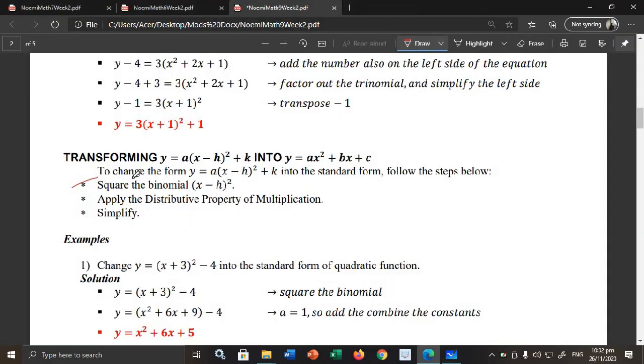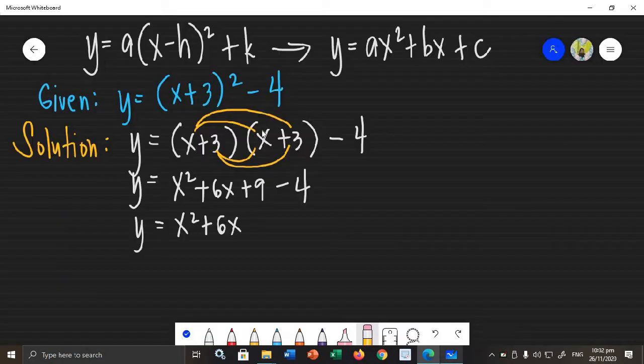what is the next step pala? Apply the distributive property of multiplication, or you can use FOIL method. This is what it talks about here, no? And then we need to simplify. So here, ayan, ginamit niyo yung FOIL method or distributive property of multiplication to simplify the binomial.